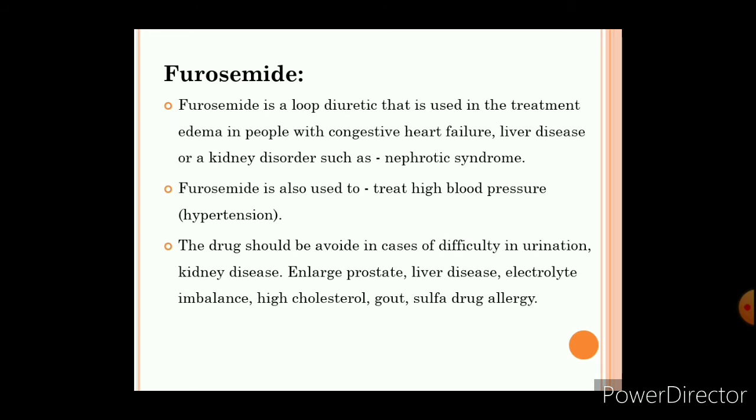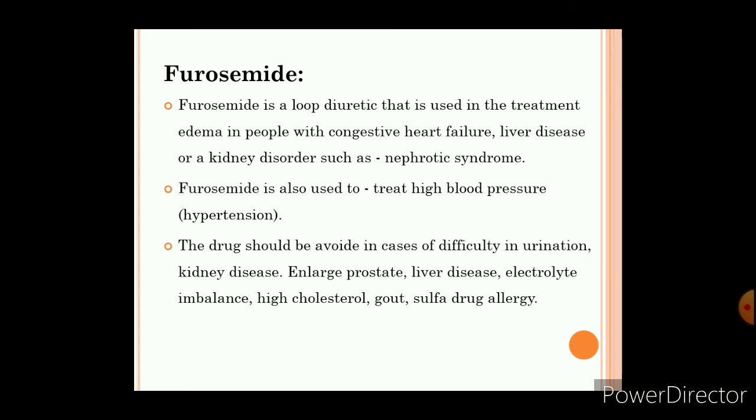Furosemide is a loop diuretic used in the treatment of edema in people with congestive heart failure, liver disease or kidney disorder. Furosemide is also used to treat high blood pressure, or hypertension.